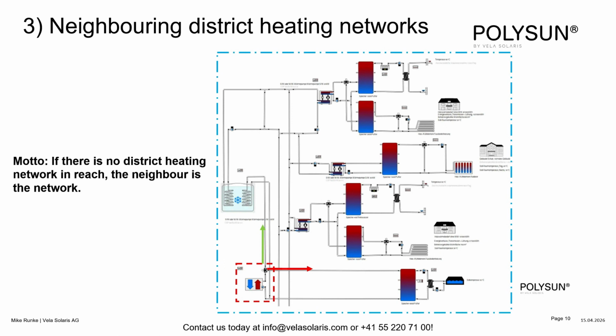In the example from our blog, the data center feeds into a ring net, and the indoor swimming pool, as you can see, is here the main consumer, and it covers its heat requirements directly. Any surplus heat flows into an ice storage system, and decentralized heat pumps supply further buildings.